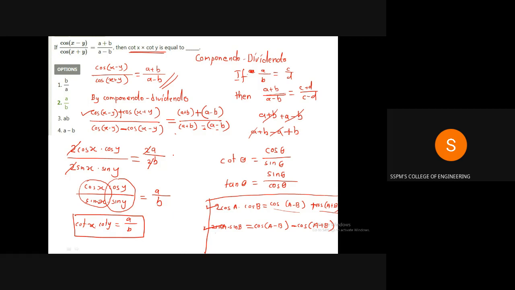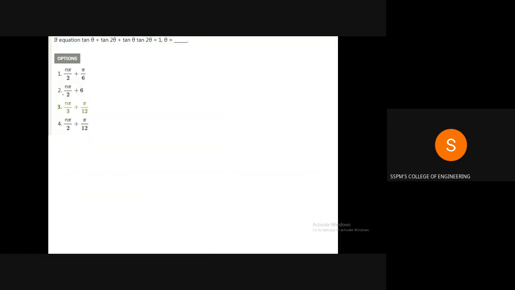So next question: the equation tan theta plus tan 2 theta plus tan theta tan 2 theta is equal to 1. We have to find the value of theta. So first we write the given condition, tan theta plus tan 2 theta plus tan theta tan 2 theta is equal to 1.